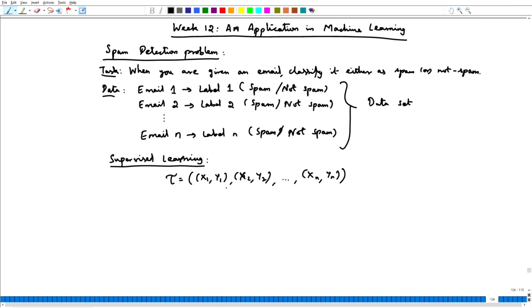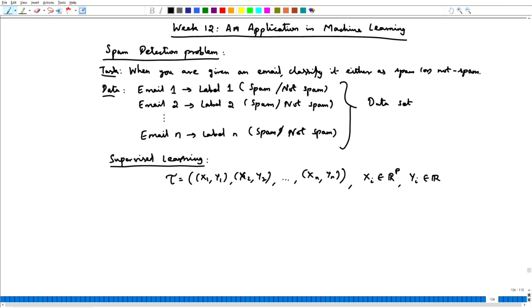X1 could be large. It is like a vector, for example. Here it is a vector of words, so you cannot directly compare this. In any Xi, for that matter, Xi will be a vector which belongs to R^p, and Yi, based on the problem, could belong to a real number.